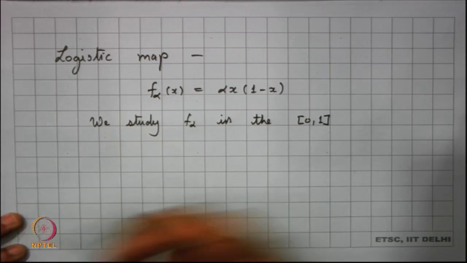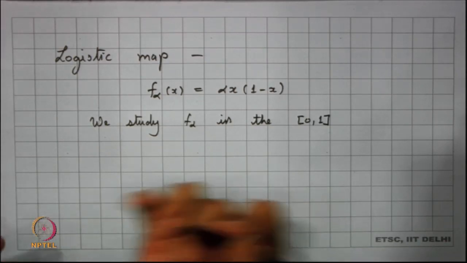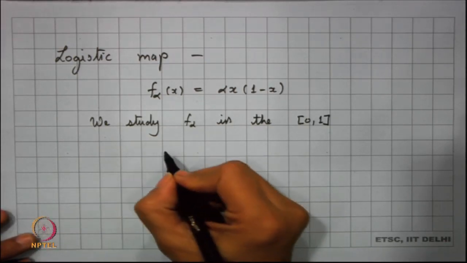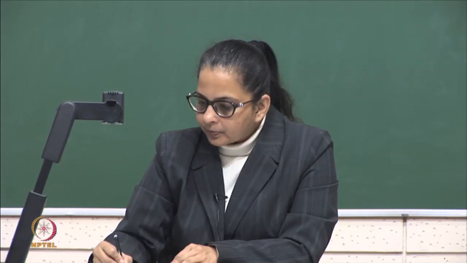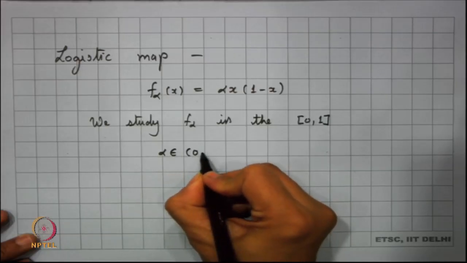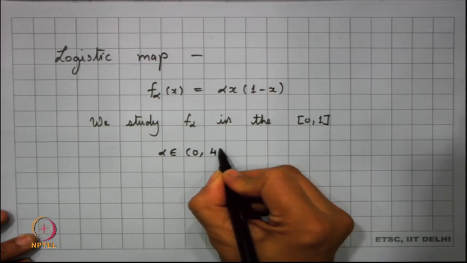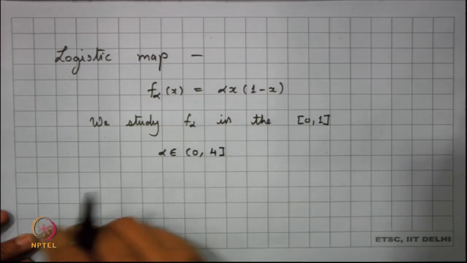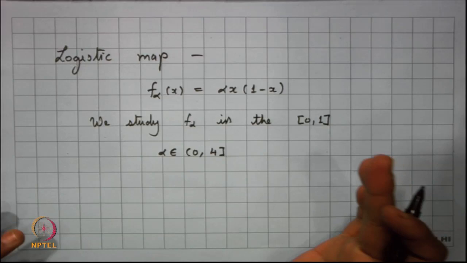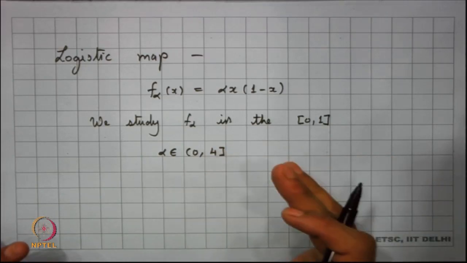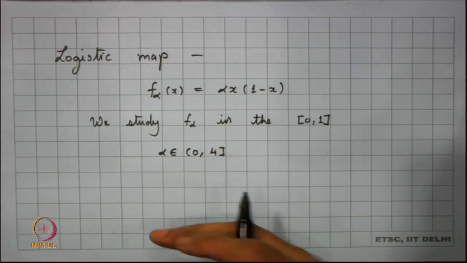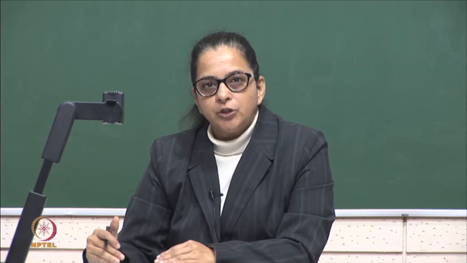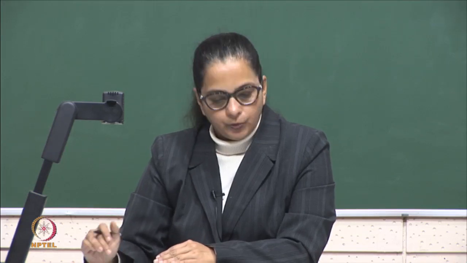Also, we will study this logistic map for alpha in the range of 0 to 4. Of course, what happens beyond 4 is something you can easily analyze, but to start with we will study this for the constant of proportionality from 0 to 4.